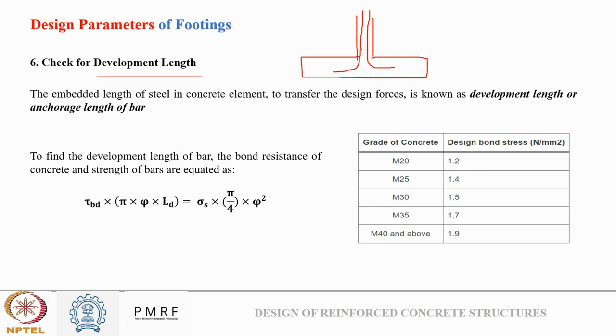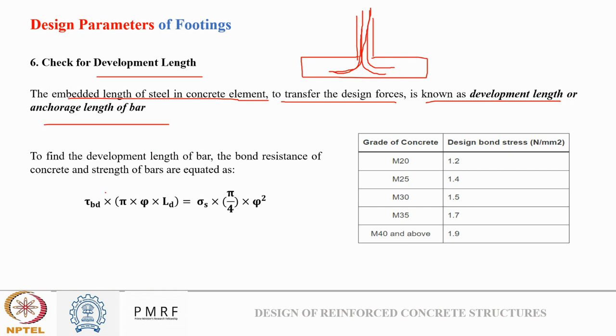But it is not like the rebar can directly transfer load from column to footing. There is a certain embedded length that should be present inside the footing that can carry the load from the column to footing, and this embedded length of steel in a concrete element to transfer the force is what is known as development length or anchorage length.